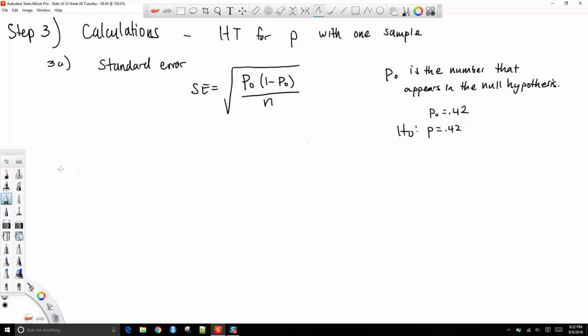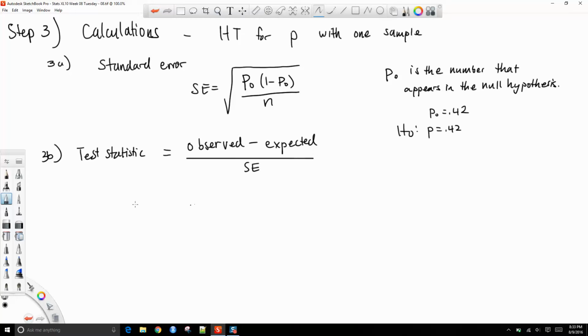Okay, so once you have your standard error, then you'll find your test statistic. The test statistic is the difference between the observed versus the expected, divided by the standard error.